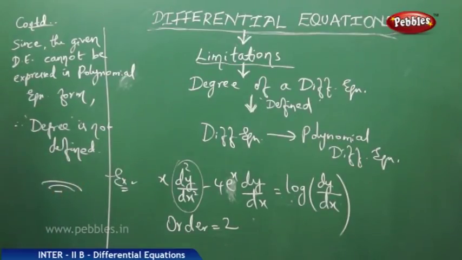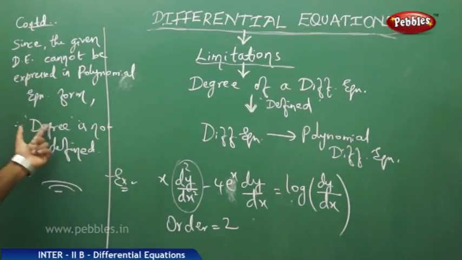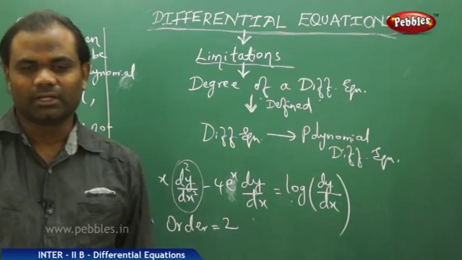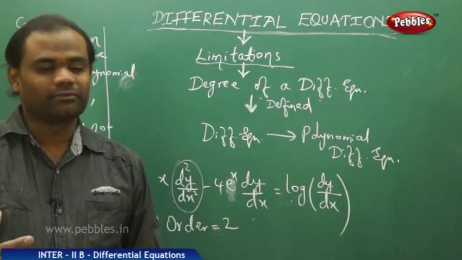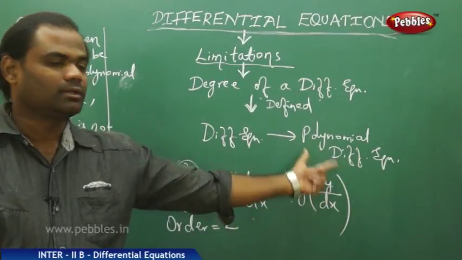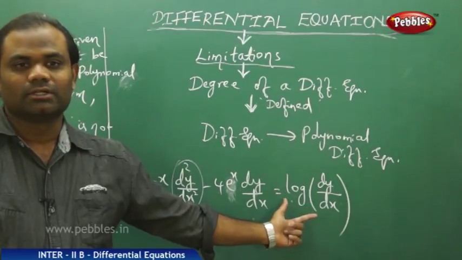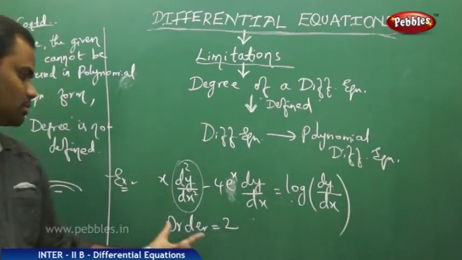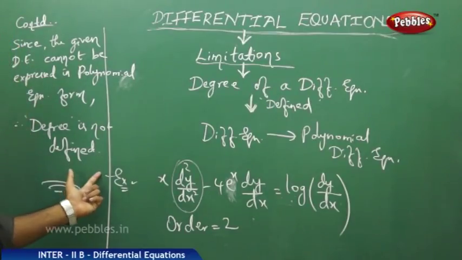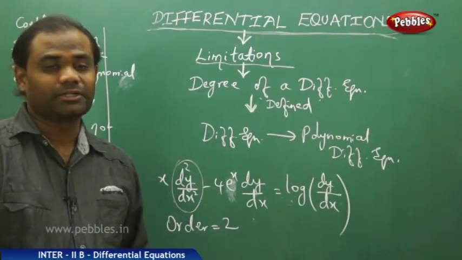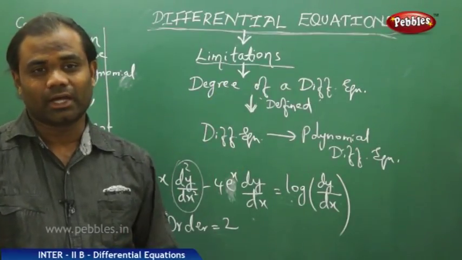That is how we understand that the degree of a differential equation is not defined because it cannot be expressed in polynomial form. For the degree to be defined, the given differential equation must be in polynomial form, whereas in this case it is not in polynomial form. Hence, though the order is 2 which is defined, the degree is not defined. This is how we understand the limitations of differential equations with respect to order and degree.